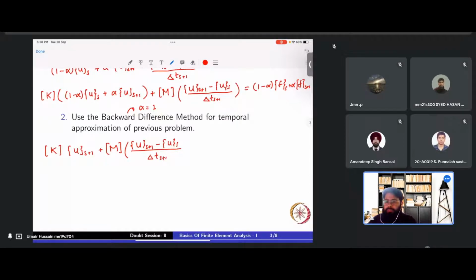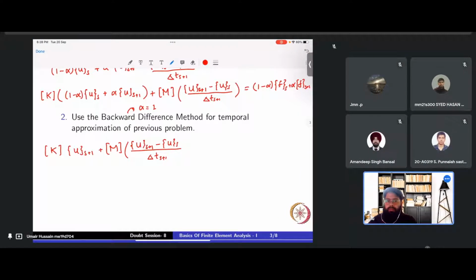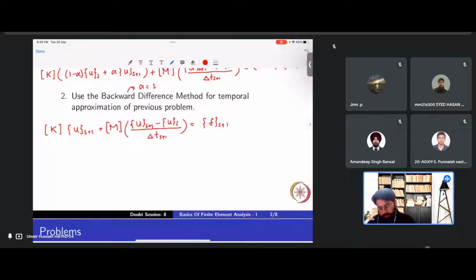Is there a doubt somewhere? Okay. Then again we will be left with f at the s plus 1 step. So what we can do is separate the u at s plus 1 terms.